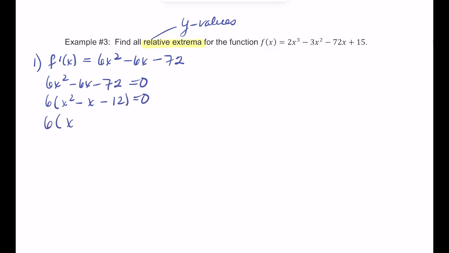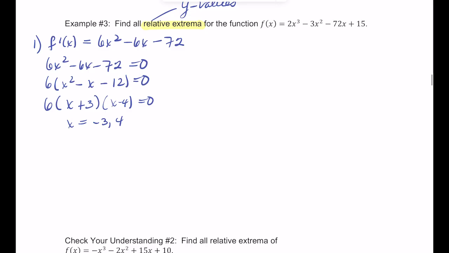And then I know this factors into, let's see, x plus 3 and x minus 4. So when I set each of those factors equal to 0, I get x equals negative 3 and 4. Okay, so those are my critical values.